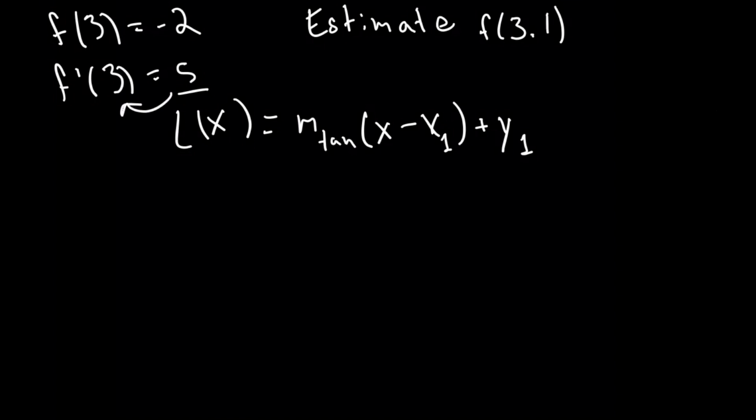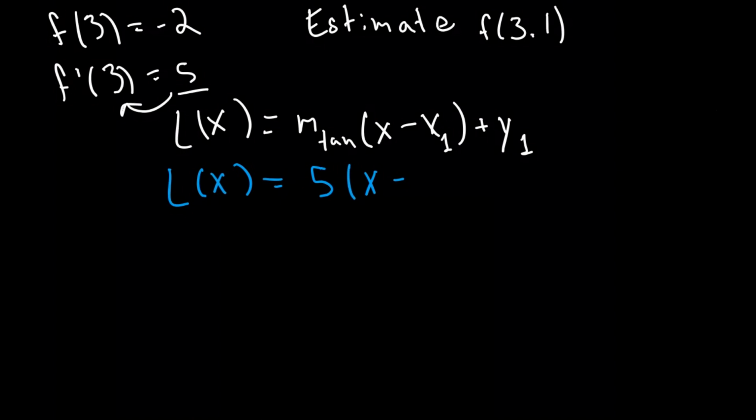So with these, we can plug them into the x1 and y1. Let's plug in the values. The slope is 5, because we've already seen this is our slope at 3, and then x minus 3.